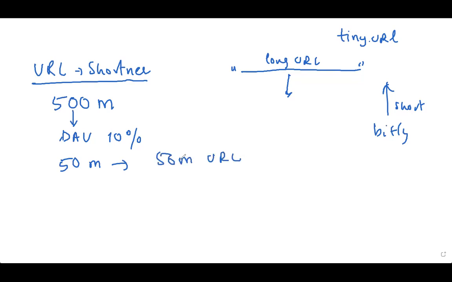Now, what I said was, for every shortened URL which is created, there are 10 read requests, because 10 people will click on it, and that sends a read request to your service: give me the long URL for this short URL. This is long to short, and then for every URL you converted, there will be at least 10 requests to convert it back from short to long, because we want the original page.